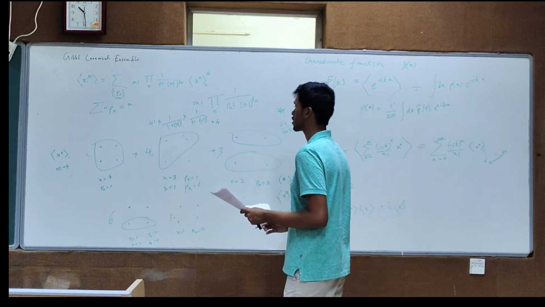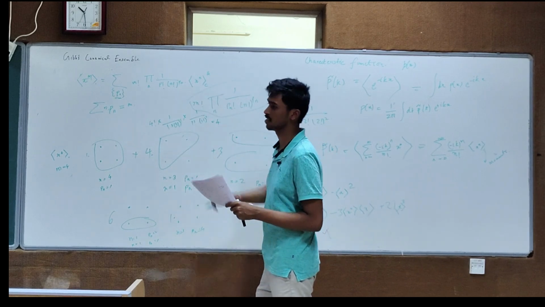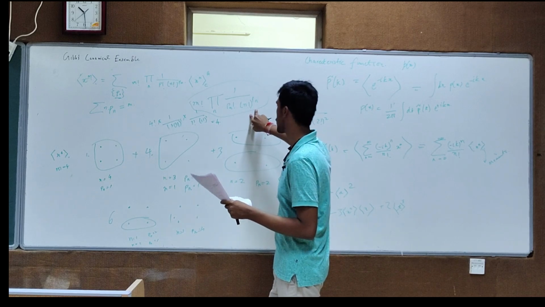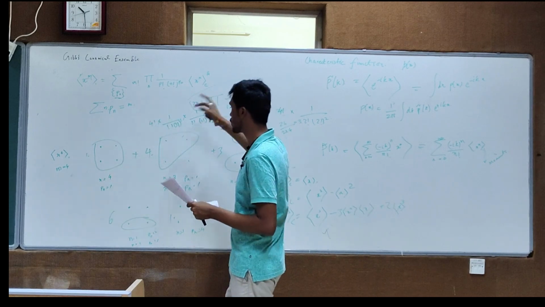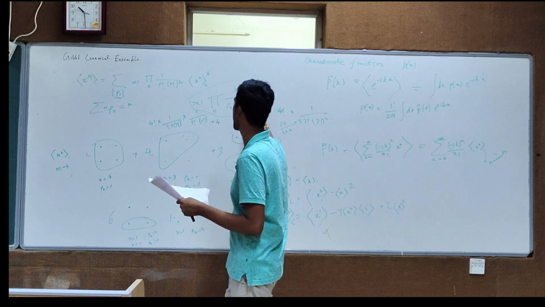So can you give me a combinatorial reason why this formula is valid? This is the number of ways you can cluster these m points, given n and Pn.